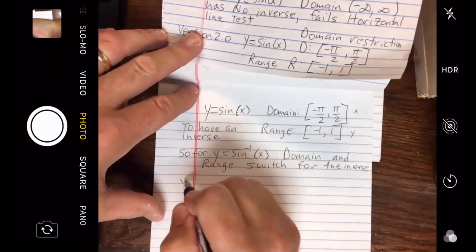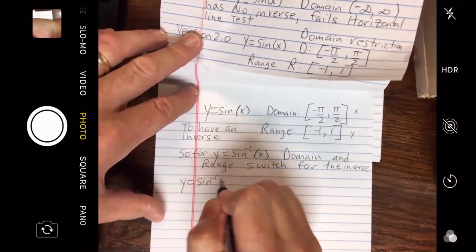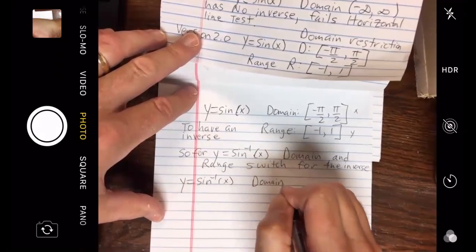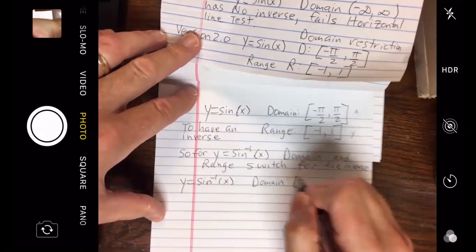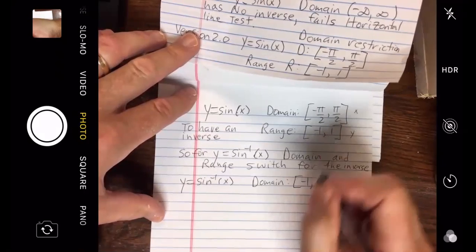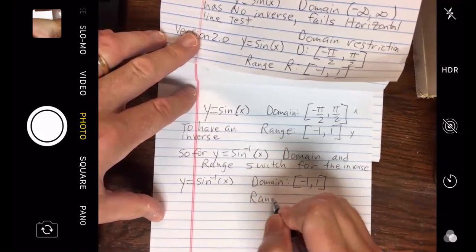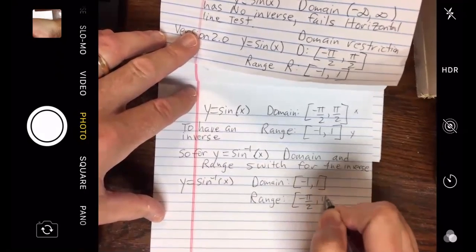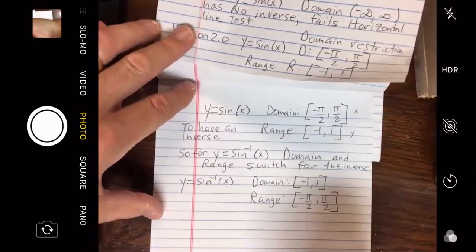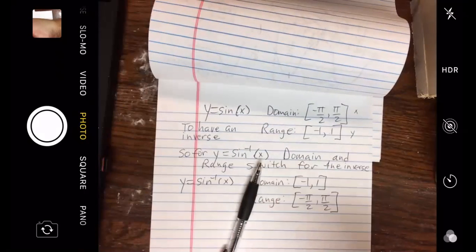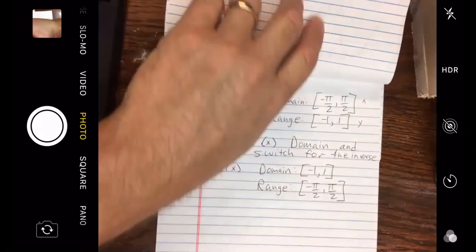So in other words, y equals arcsine x has a domain of -1 to 1, and it has a range minus pi over 2 to pi over 2. This is hard to explain in a regular class. This is my first time trying to explain it online. So yeah, it's very technical here.